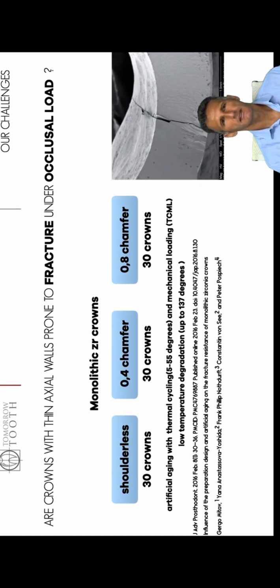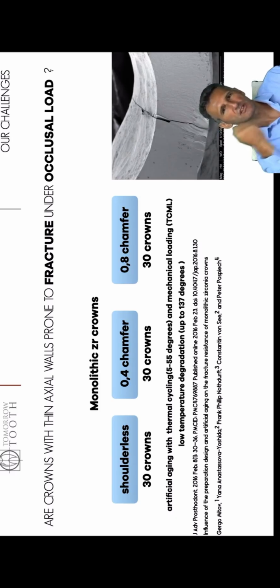We will see this part in a deeper and better way with Pasquale, but I just want to remind you of this concept quickly. This is an interesting study about the influence of the preparation design and artificial aging on the fracture resistance of monolithic zirconia crowns. They are comparing 30 crowns with the shoulderless approach, so vertical preparation, 30 crowns with a 0.4 mm chamfer, and 30 crowns with a 0.8 mm chamfer.